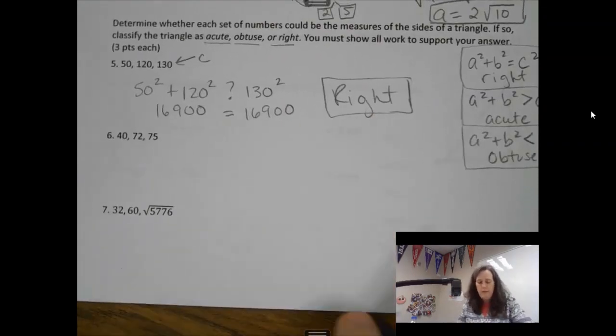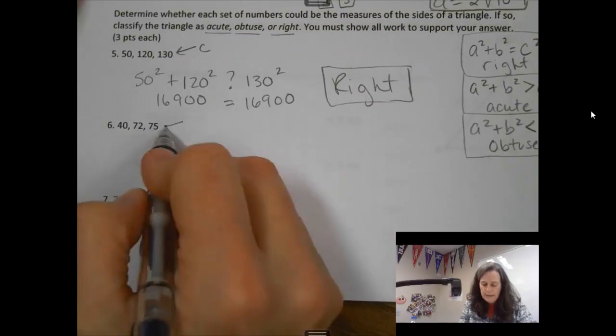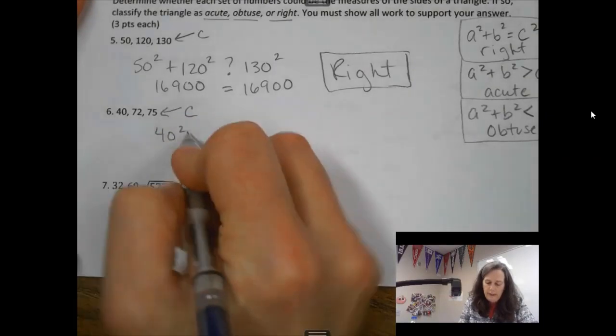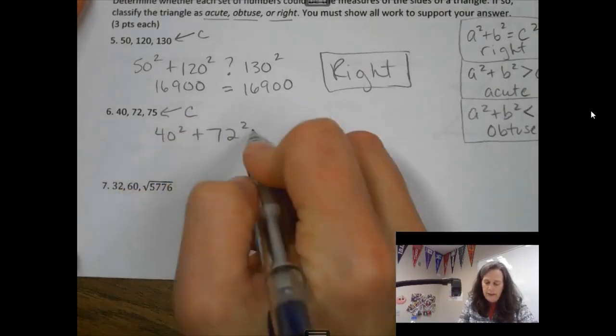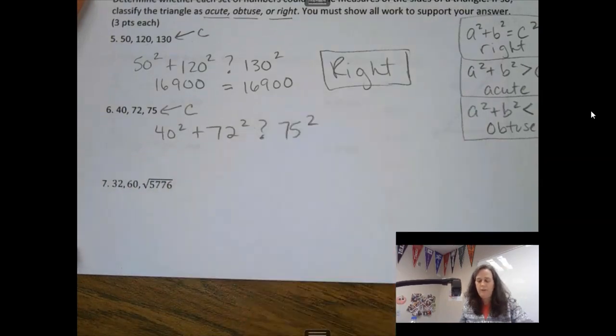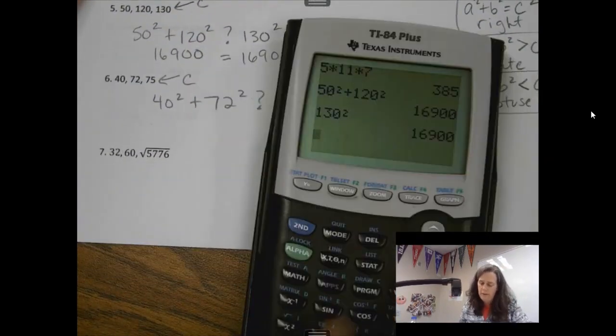Okay, next one. Biggest side is C. 40 squared plus 72 squared. Is that, or what is that relationship to 75 squared?